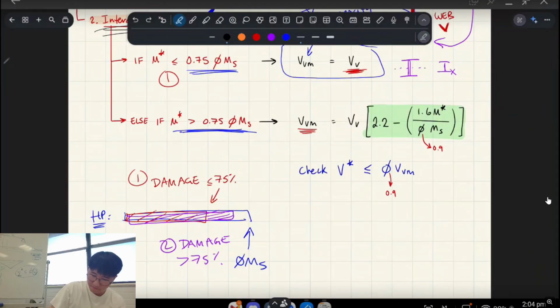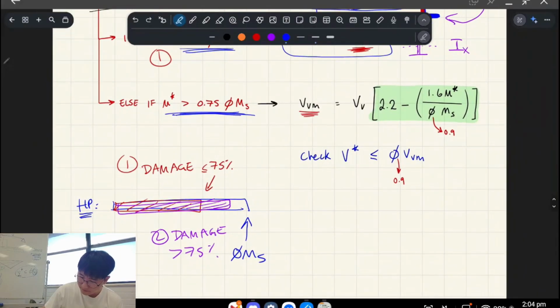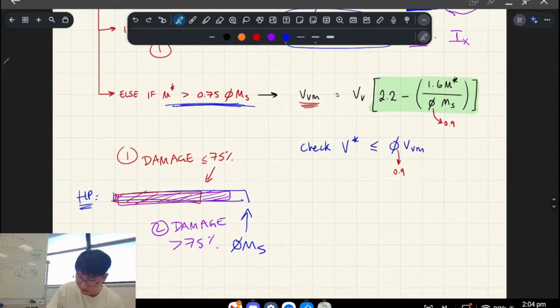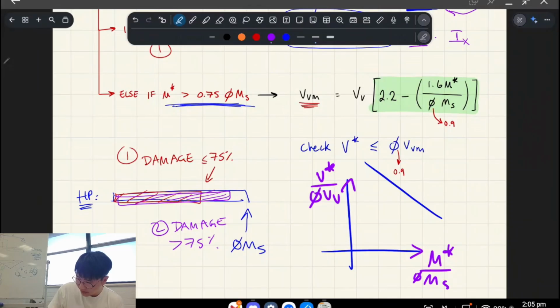So if I go back to that formula, right? Okay, you have to do a little bit of mental gymnastics because I forgot the exact way you're supposed to rearrange this formula, but basically that line there, when you're graphing it against V star over phi Vv and M star over phi Ms, at phi Ms equal to 0.75, so this is the 75% damage threshold, then you have to start to reduce this thing, okay?